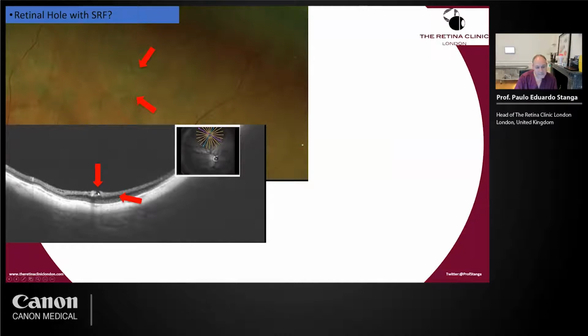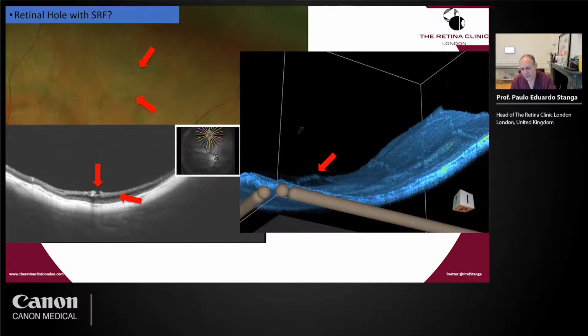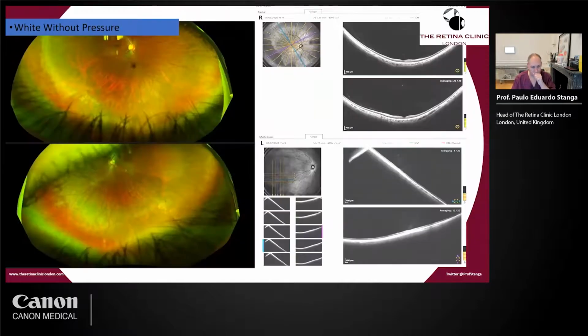Maybe the vitreous had pulled at some stage, and there is schitic change here, which is what we see appearing as subretinal fluid. So no full thickness hole, no subretinal fluid, no need for treatment in a lesion that, without these scans, I would have treated, thinking that this was a tear with subretinal fluid. And this is the 3D rendering.